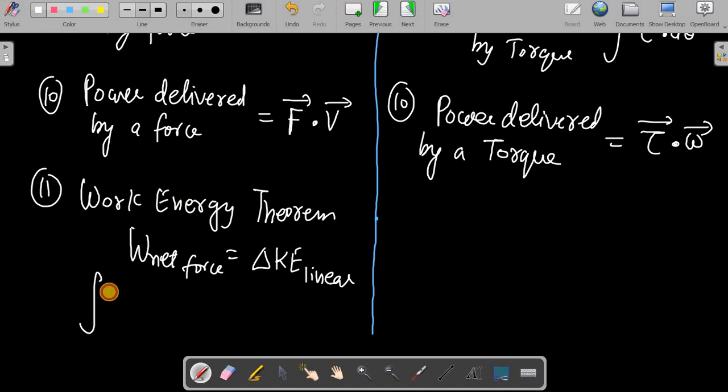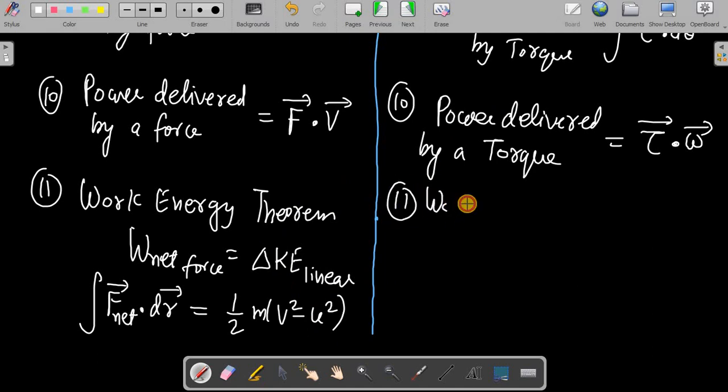Work done by net force means net force dot displacement, dot product. This will give change of kinetic energy, meaning half m v square minus u square. Okay. Similarly here, how do we apply work energy theorem?